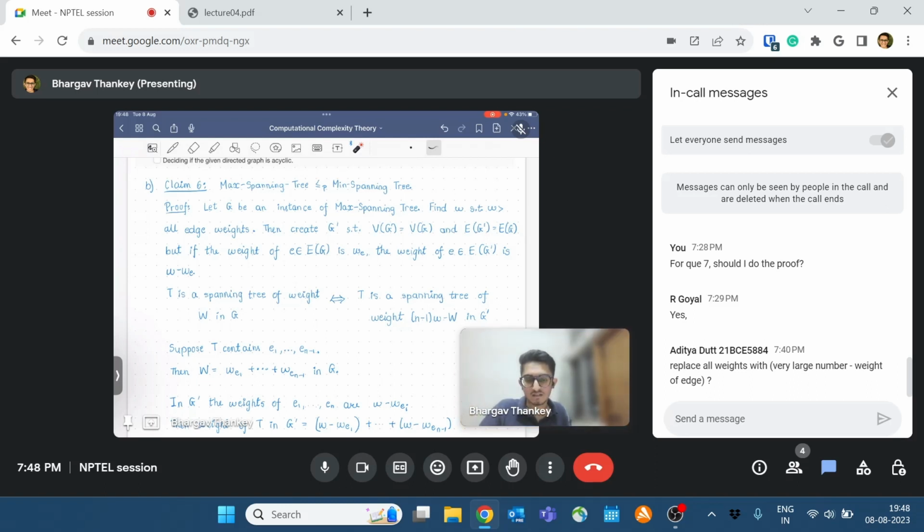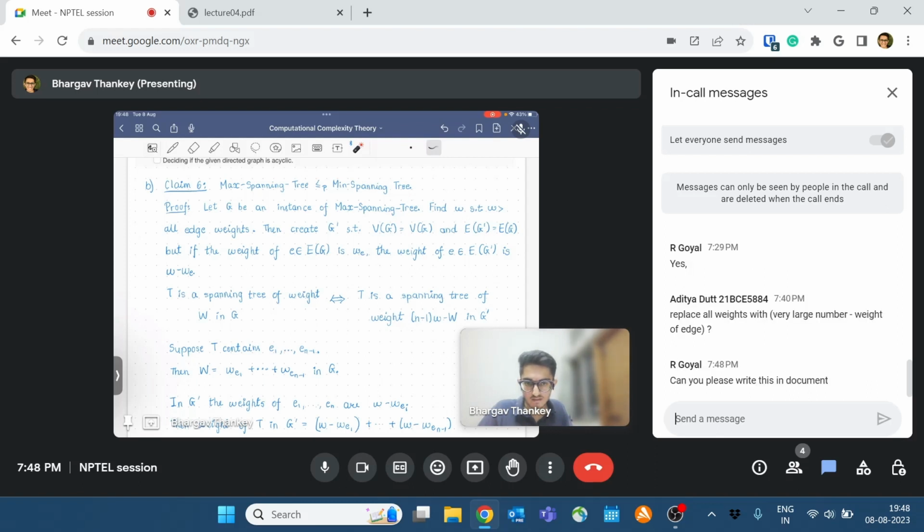All we have to do is what? Okay, so we are given G. From G we construct G prime, and we find the minimum spanning tree in G prime. If that tree is T, then the maximum spanning tree of G would be T. So is this fine?